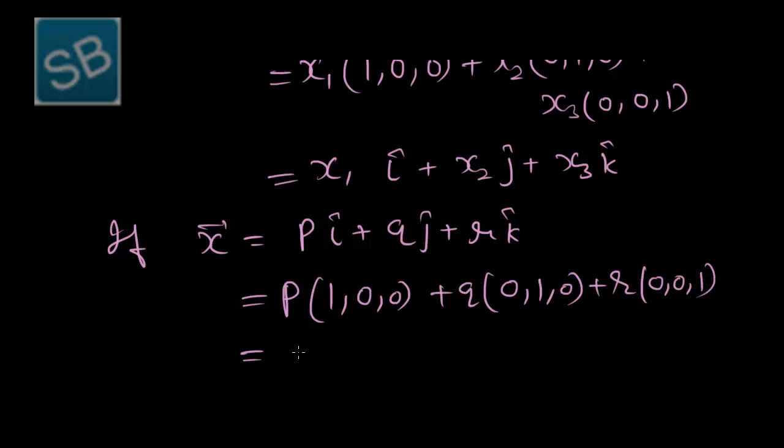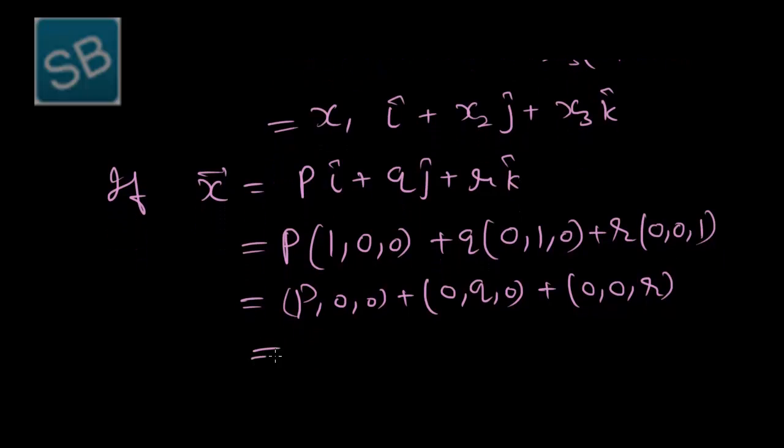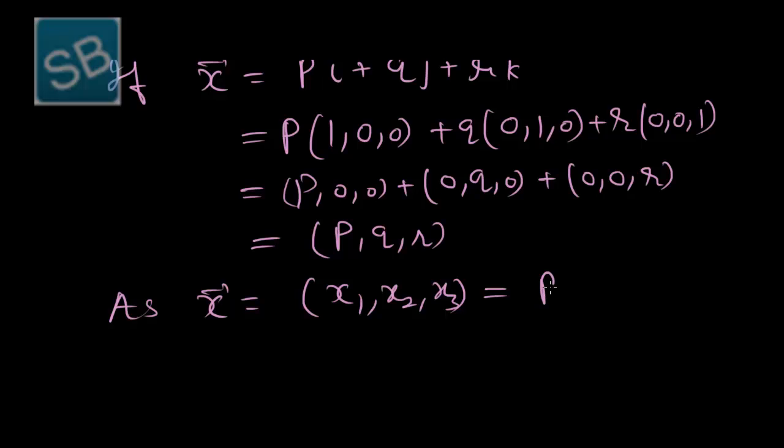So we get (p, 0, 0) plus (0, q, 0) plus (0, 0, r). So we get (p, q, r) as vector x = (x1, x2, x3), which is also equal to (p, q, r) as proved above.